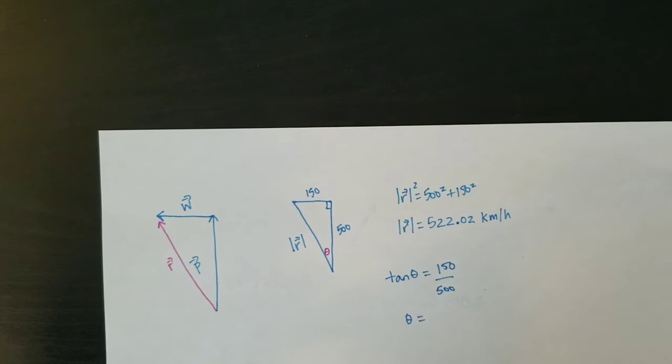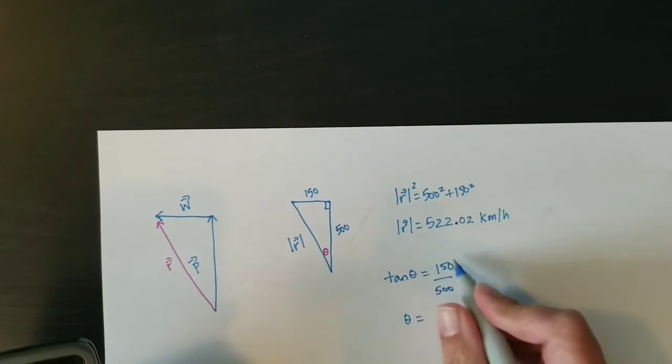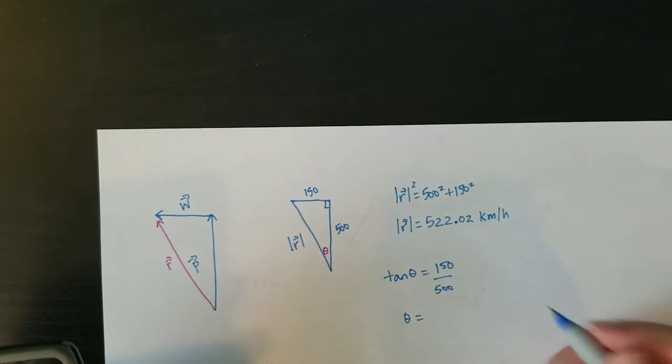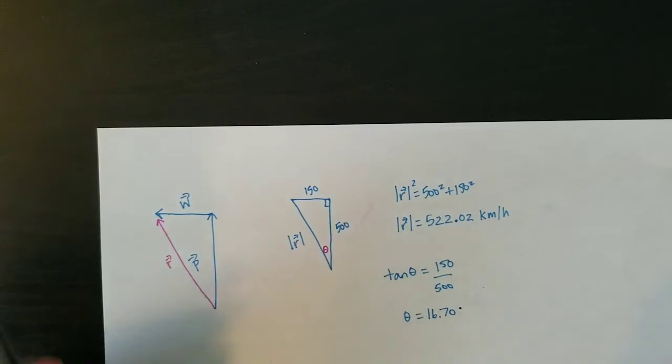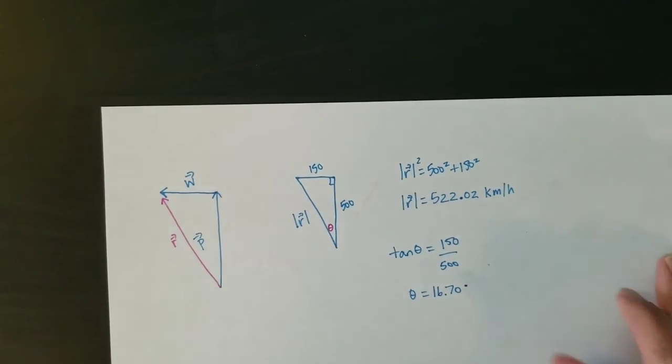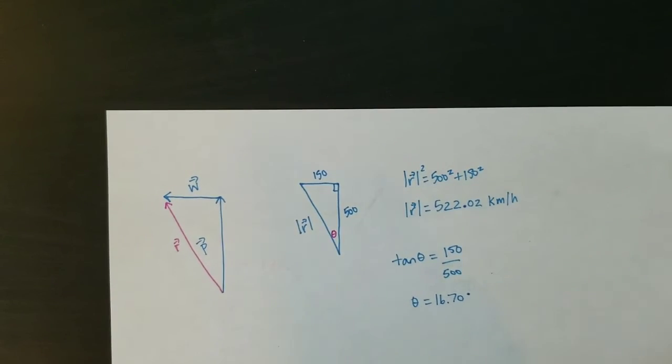I'm trusting you guys to use just one step to show me the formula you used, show me your final answer. So it's 16.70 degrees. Okay. We need to write a statement here because this is the resultant velocity.